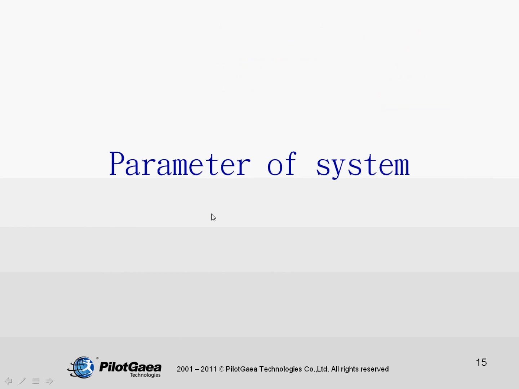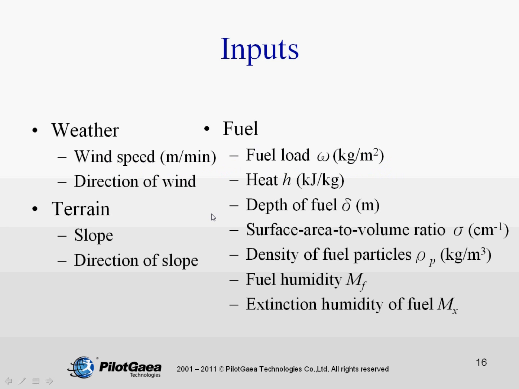The following introduces the parameters of the system. According to the discussion before, the input factors include weather, terrain, and fuel. The weather includes speed and direction of wind.